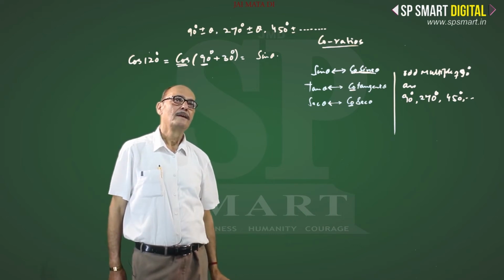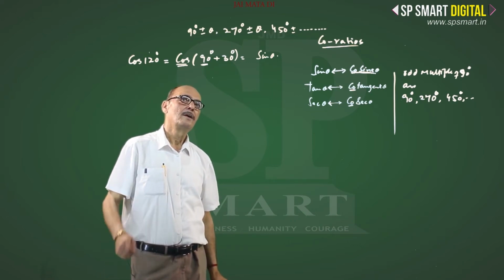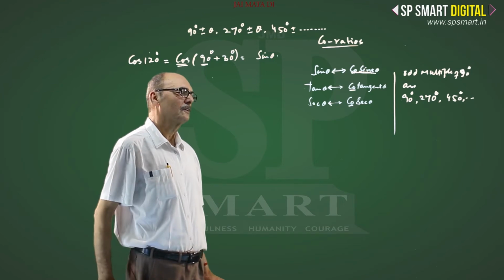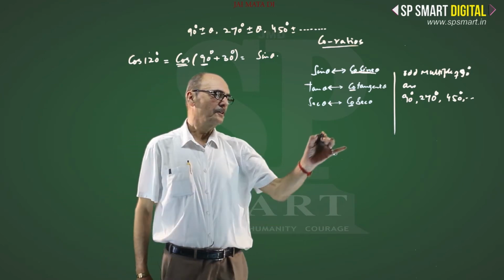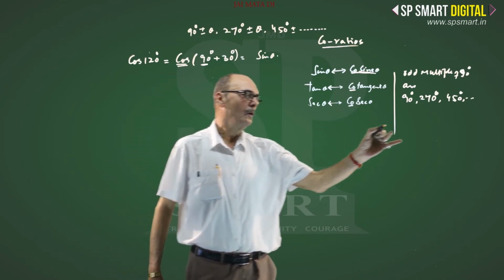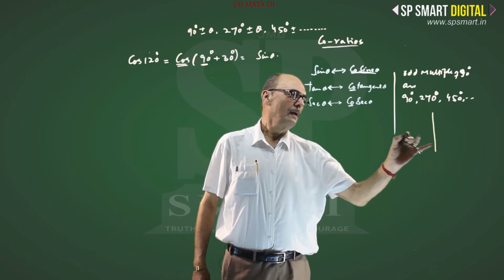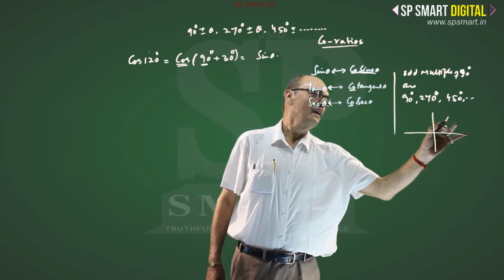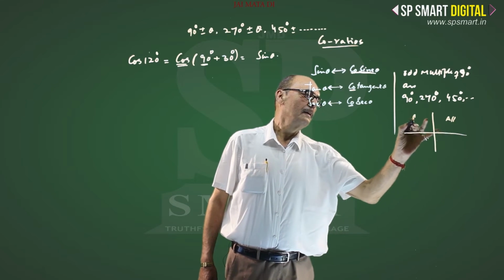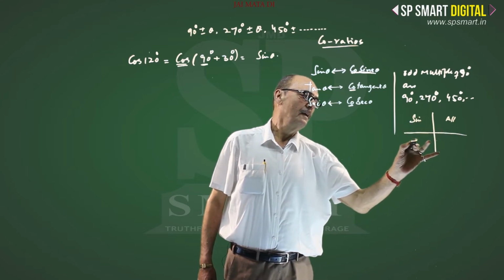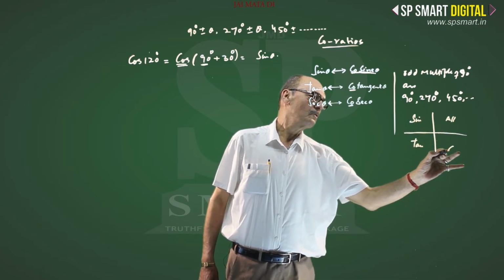Then the sign to be attached is determined by the rule: all, sin, tan and cos.